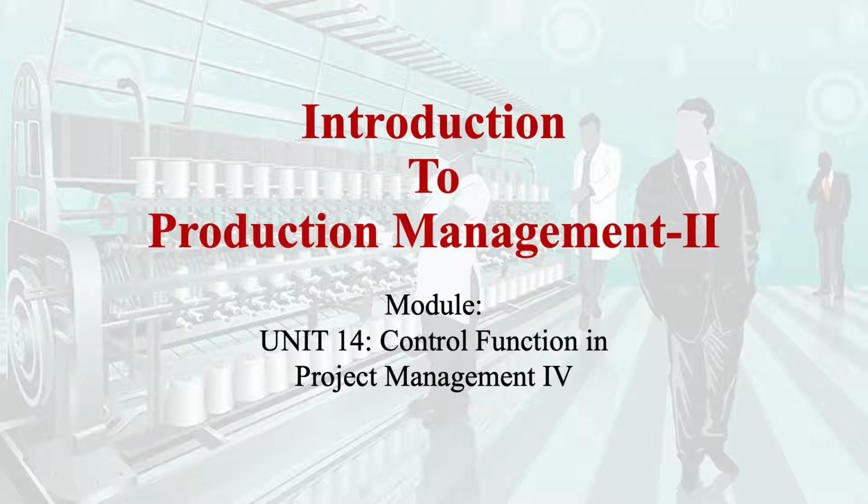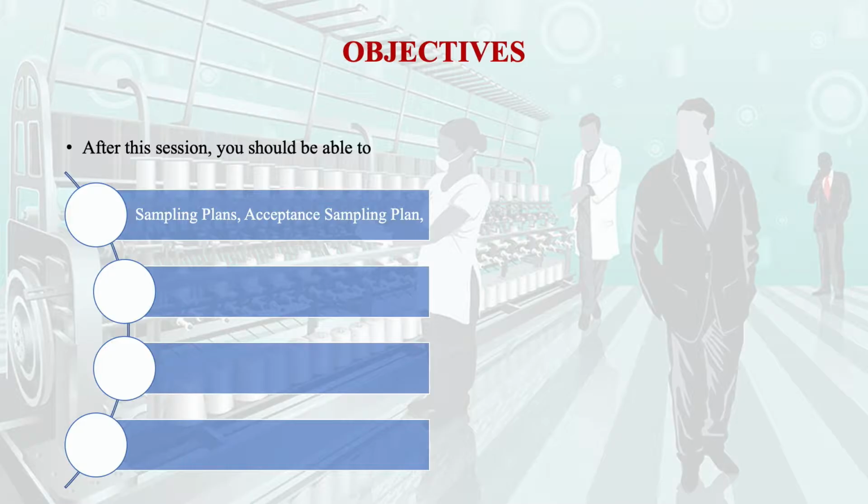Friends, in the fourth session, we are going to tell you about various sampling plans. We will give you a brief idea about the acceptance sampling plan. Then we will also explain operating characteristics curve, or in short we normally call it OC curve.